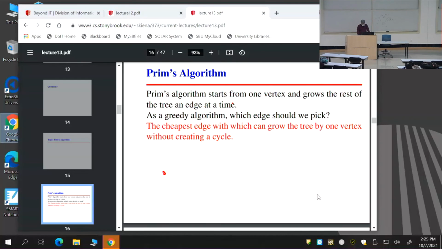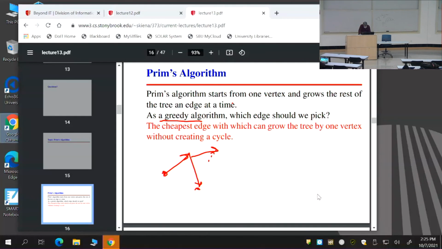What is the idea of Prim's algorithm? We're going to start on some vertex, and we're going to try to do something greedy. We're going to take the cheapest edge that will grow the tree by 1 without creating a cycle. Does everybody agree that we can now go to another vertex?